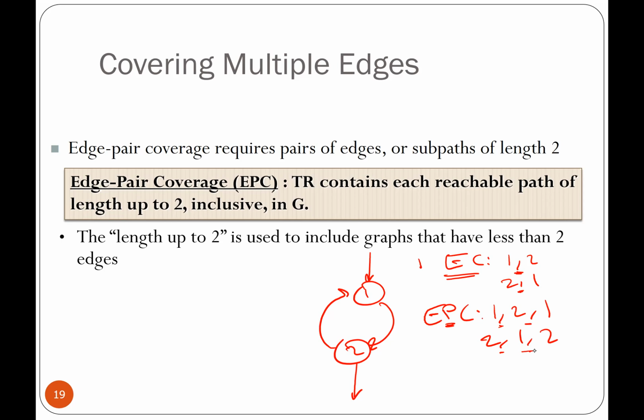Type. Okay. To take edge coverage, I could have had a test case that goes 1, 2, back up to 1. Okay. Let's just assume there's an exit over here, just to make it fun. Okay. So that would have covered edge coverage.